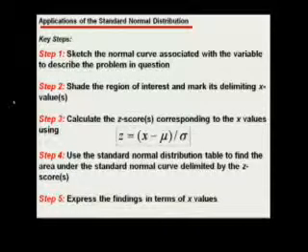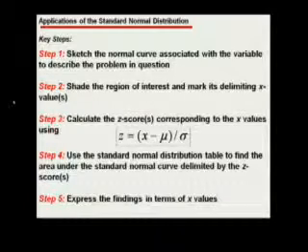So now we're moving from the x to the z. Finally, step 5 is to express the findings back into x values, as we will see by example. So 5 basic steps: sketch the normal distribution, shade the region of interest, calculate the z-score, use the standard normal distribution table to find the area, and then express your findings in terms of x.